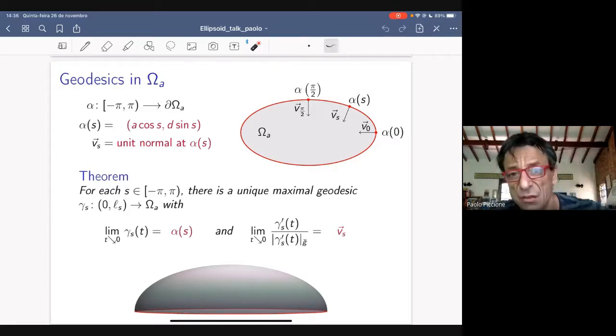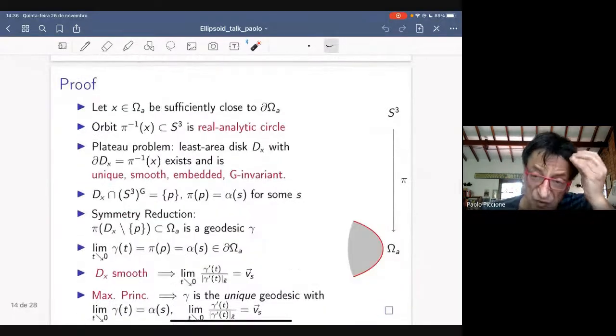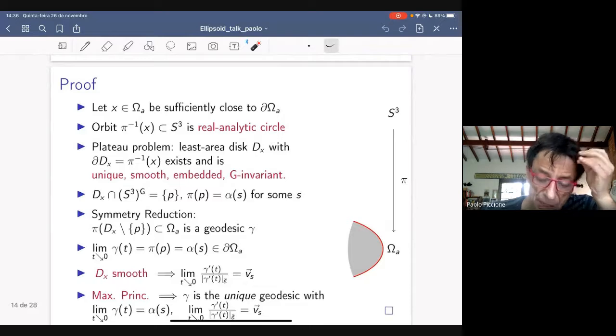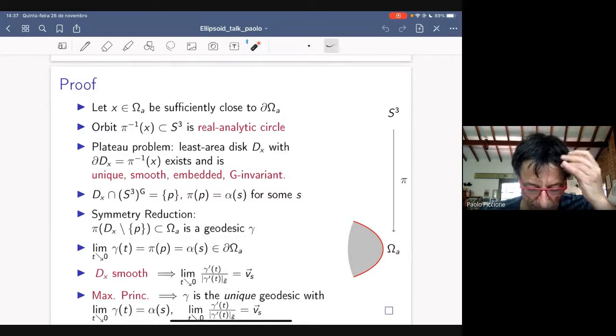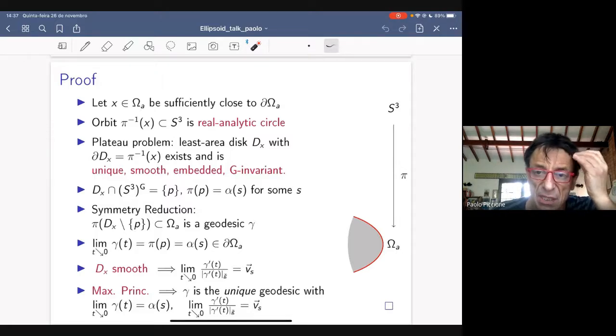And I want to discuss this proof with you because this is not made by hard analysis, as we tried for several months, in fact. This is made with a very subtle trick, which uses something which in principle is even a harder problem, which is the existence of solution for the Plateau problem in the ellipsoid.